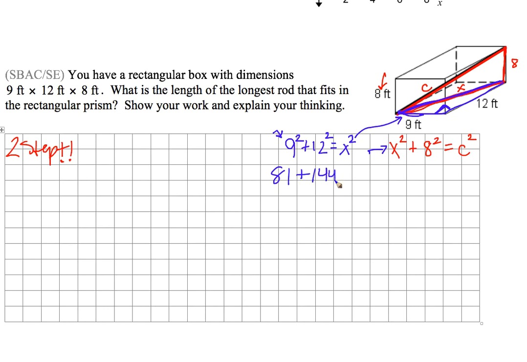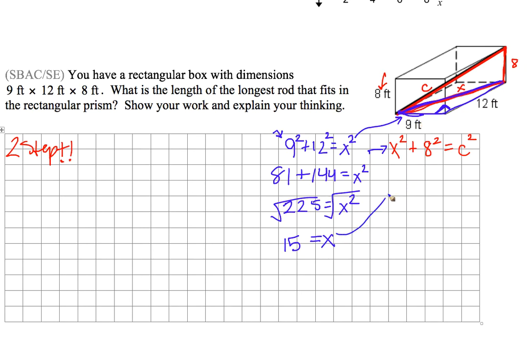81 plus 144 equals X squared. I get 225 equals X squared. X equals 15. So my base, the diagonal on my base gives me X equals 15.